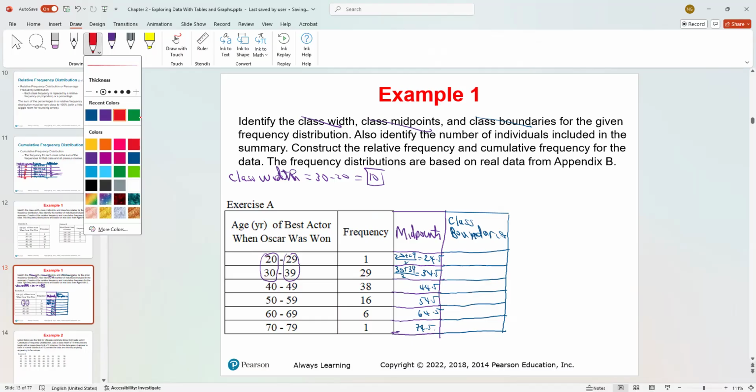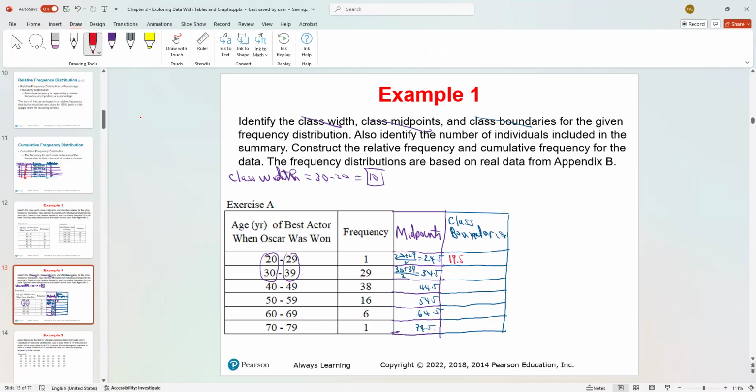If you remember the previous simple examples I took to explain class boundaries, for each class interval, remove 0.5 from the lower class limit and add 0.5 to the upper class limit. That means if I have 20, I no longer have 20, I have 19.5. I add it to the upper class limit, that makes it 29.5.